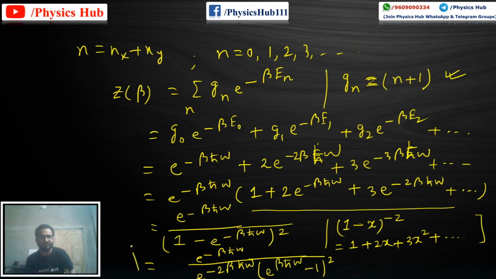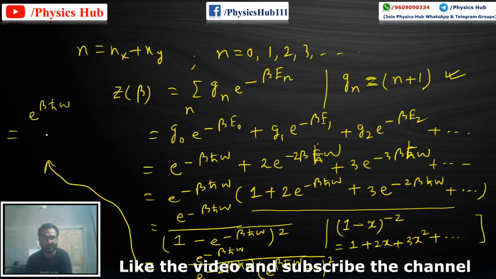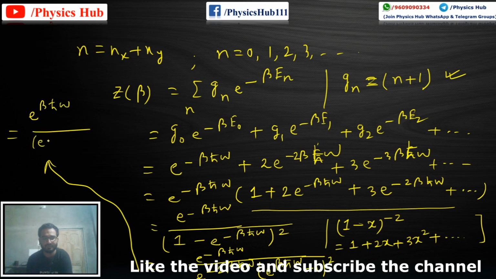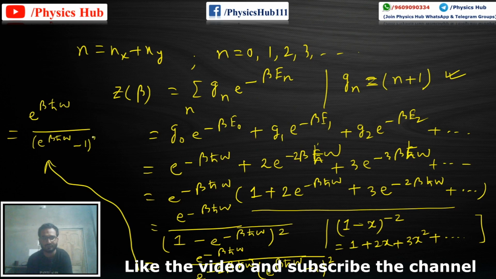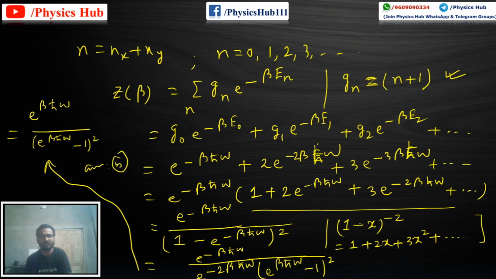So I am going from here to here. This becomes e to the power plus beta h cut omega divided by e to the power plus beta h cut omega minus 1, squared, and it is matching with option B. So option B is the correct option.